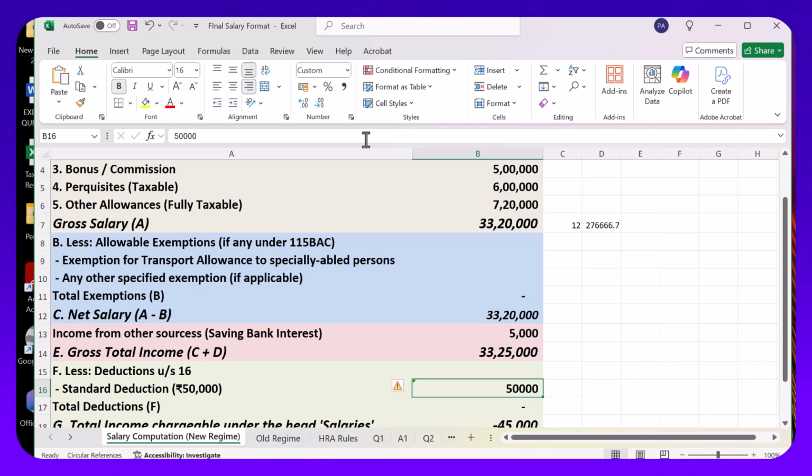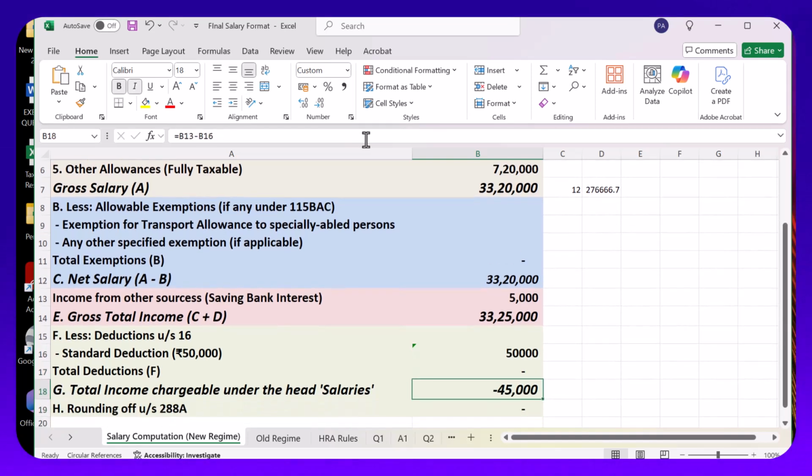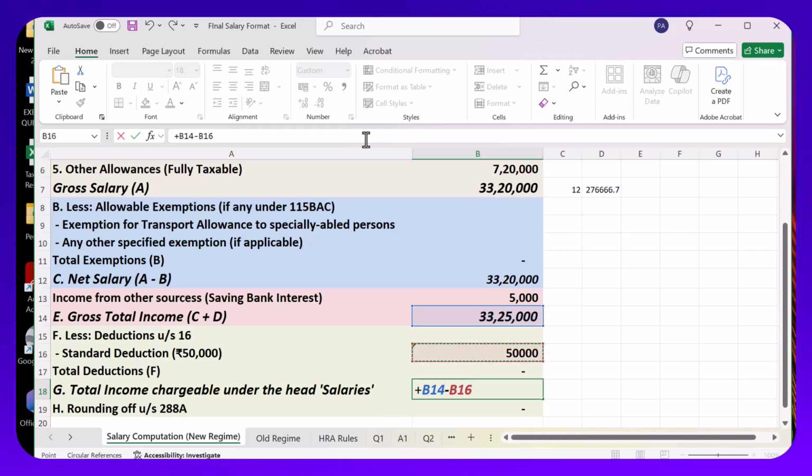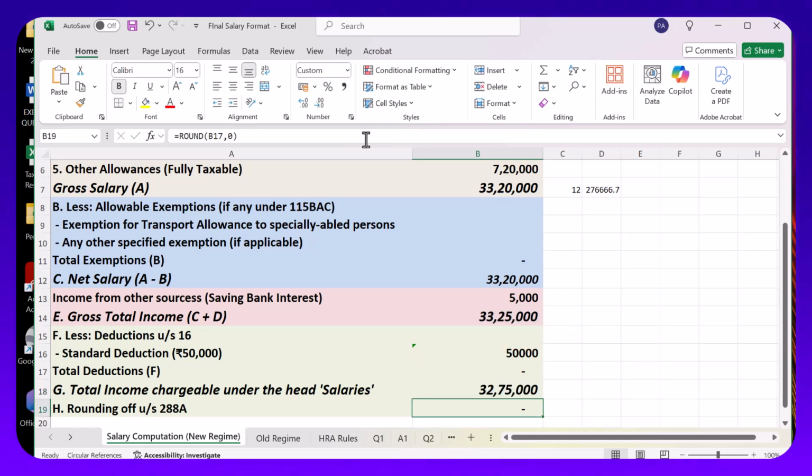It can be even less if your salary is below 50,000, then it will be 50,000. Otherwise this is the maximum deduction you get. So then your salary in that case will be 32 lakhs 75,000. So this is your income, and then you have to pay tax on that.